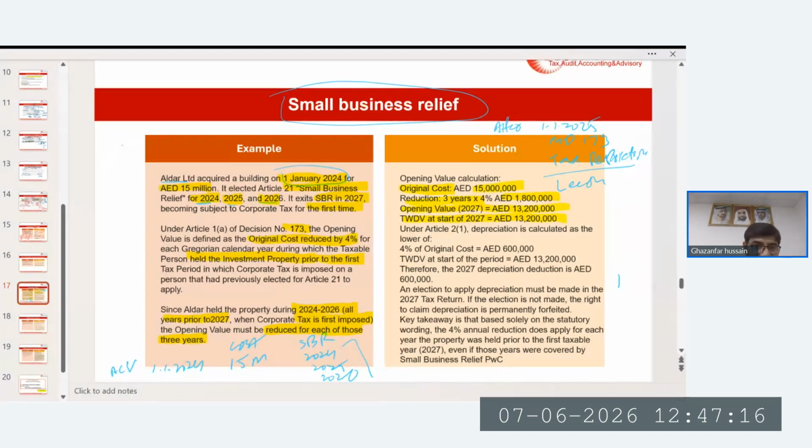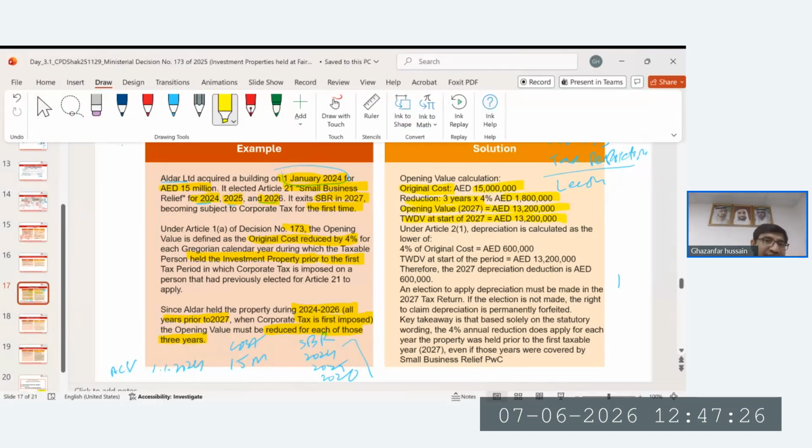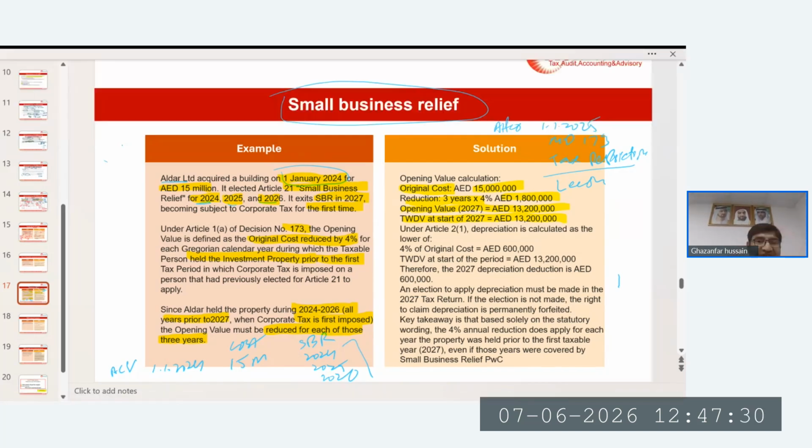So now this property was actually purchased in January 2024, right? In the previous example, what was our learning? Because the property was purchased before the first tax period, we calculated that. Now the question is, if the property is purchased before the first tax period, we are calculating the depreciation. The tax is effective from January 2024 as the first tax period for A Limited, right?